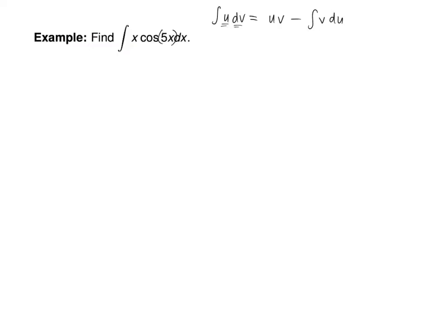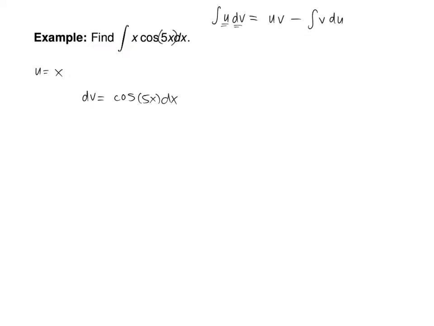Like the derivative of x is 1, it becomes an easier constant, right? If it were x squared, that eventually goes away after a couple derivatives. So let u equal x, and the rest of your function, the dv part, is cosine of 5x dx. And everything in your integral has to be accounted for, so you can't leave out various pieces.